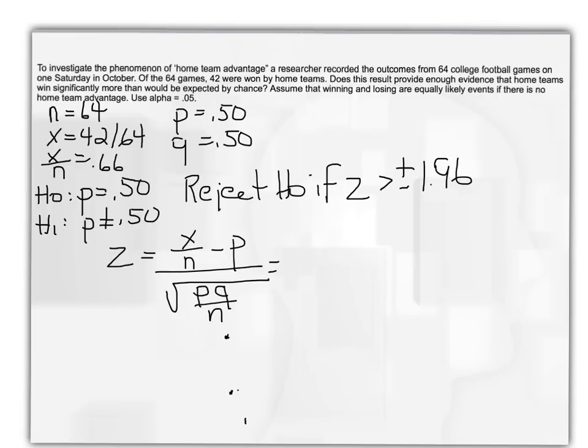Substituting the values, the sample proportion is 66%, our hypothesized population proportion is 50%, and our standard error of the proportion is the square root of 50% times 50% over 64.